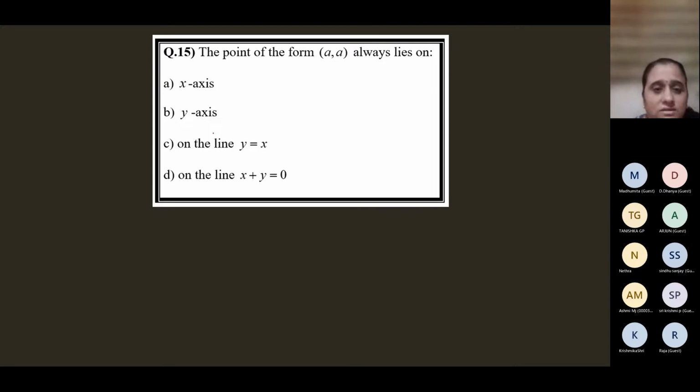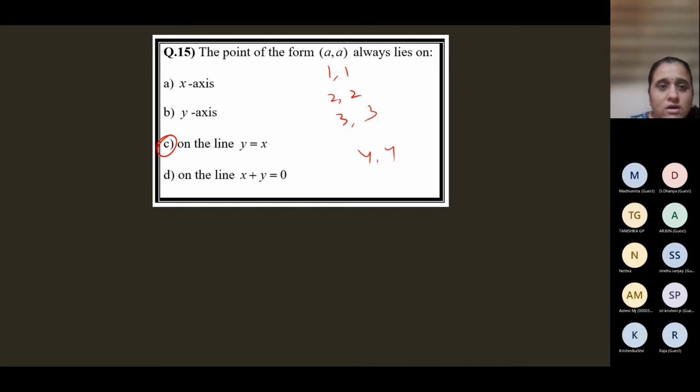C. Danya, right? Yes, ma'am. Very good. Correct. C is the correct option. Because (a, a) means (1, 1), (2, 2), (3, 3), (4, 4). The x coordinate is a, the y coordinate is also a.